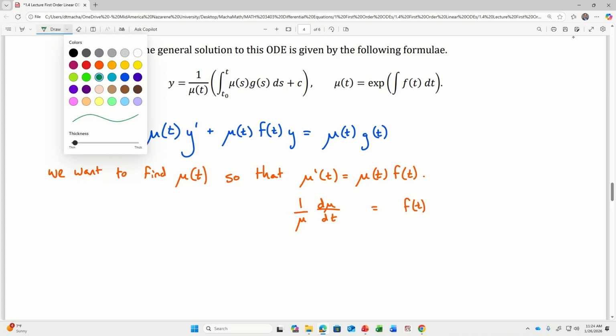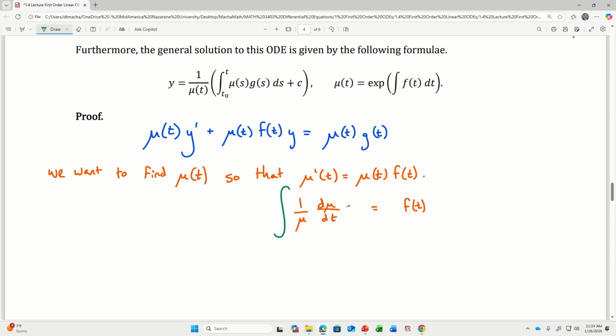And then I take the antiderivative of both sides with respect to t. And then this antiderivative of 1 over mu becomes the natural log of mu. And on the right side, I get the antiderivative of f of t dt plus a constant. Well, I don't need the constant yet because I haven't taken the antiderivative yet.